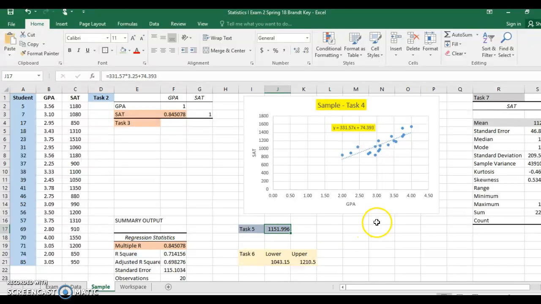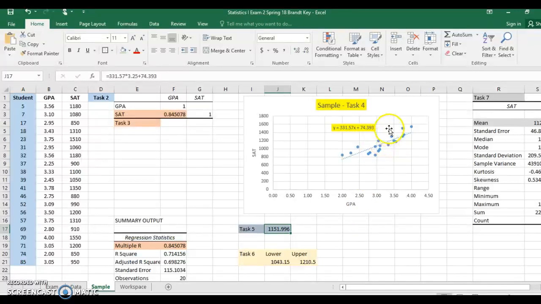What we were not looking for, and it is a crude way of doing it, but we were not looking for you to find a value of 3.25 in here of the data points and then make a prediction from that. Some of you had students who had a 3.25 GPA, and you used their SAT score for the prediction. That's not what we were doing here. That is basically then finding the SAT score and GPA for a specific student.